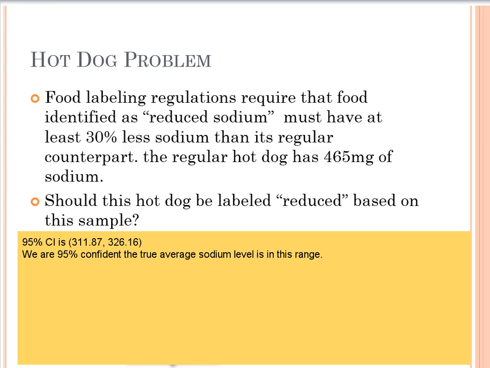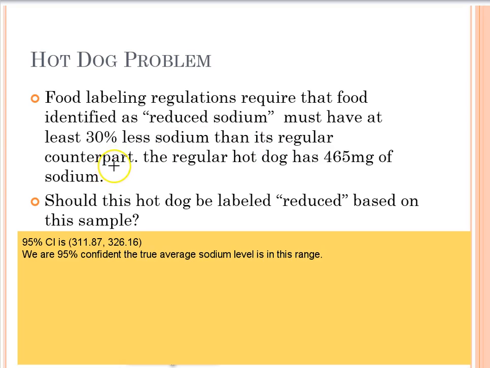So now that we have our confidence interval, we're going to use it to figure out whether or not we should label this hot dog as reduced sodium. The regular hot dog counterpart has a sodium level of 465 milligrams. To be labeled reduced sodium, the reduced sodium hot dog must have at least 30% less sodium than its regular counterpart.